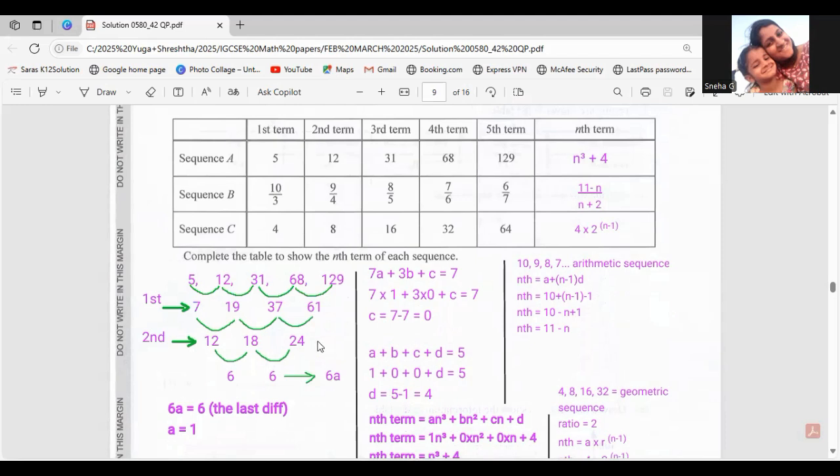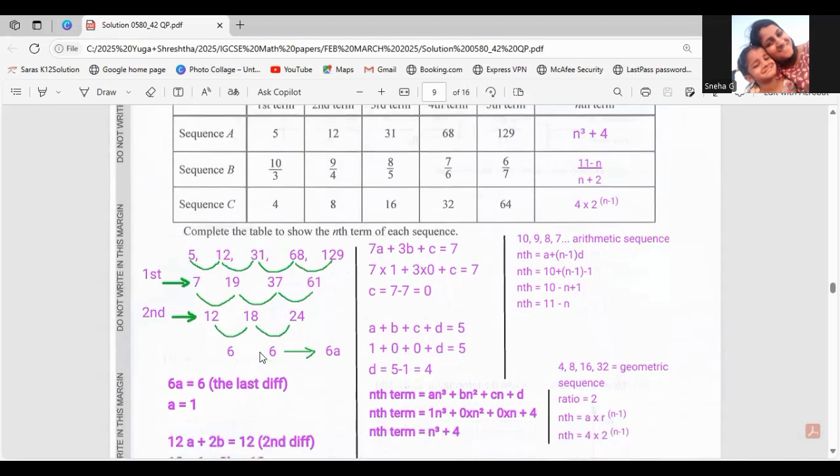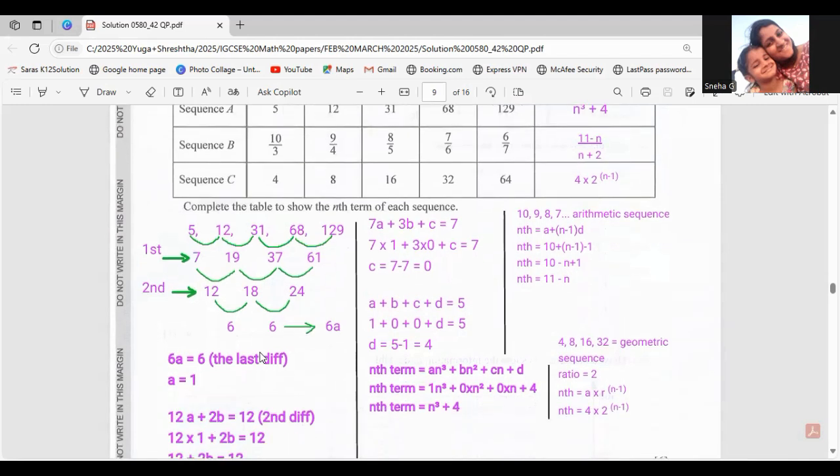Now, let's start with the formula method, and then I will tell you one other method also which you can use to get the nth term of this given sequence. In the formula method, we start with the last difference first. So the last difference is considered as 6a. So 6a is equal to 6, and we get a as 1.